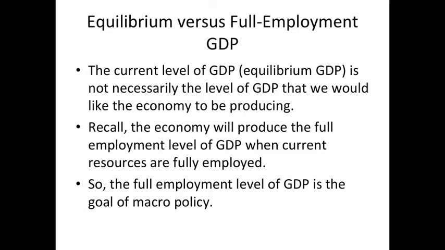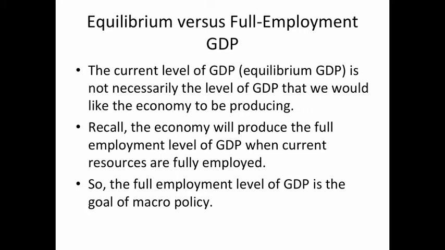So, when we calculate the equilibrium level of GDP, you can probably imagine it's unlikely to be at the full employment level. The equilibrium level of GDP might be short of the full employment level. You actually might surpass the full employment level. You can produce more than full employment. We'll see later when we do the aggregate demand aggregate supply diagram perhaps why you wouldn't want to do that.